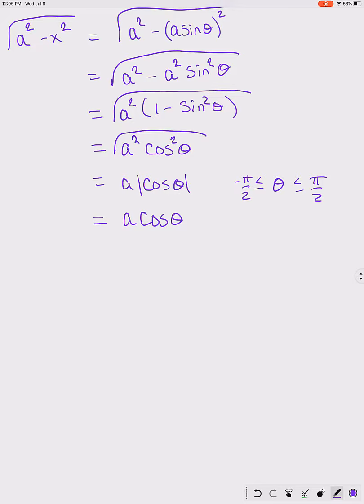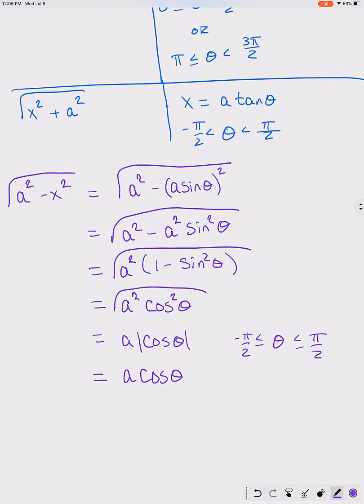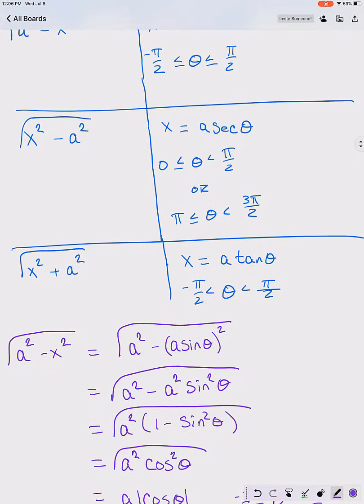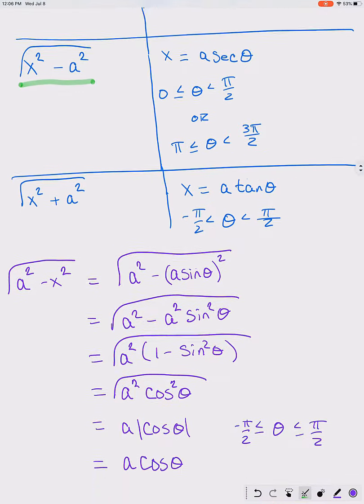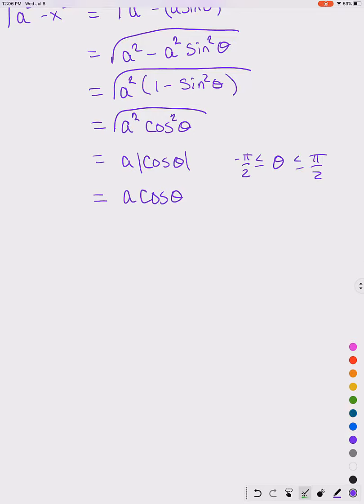Okay, let's take a look at the second one on our list, which is x squared minus a squared, all underneath the square root. For that situation, we're going to make x equal to a times the secant of theta.